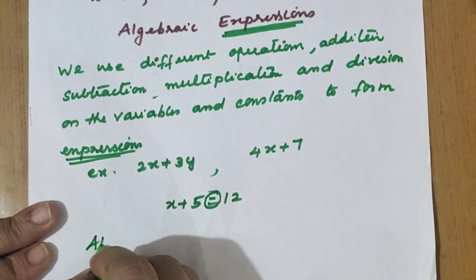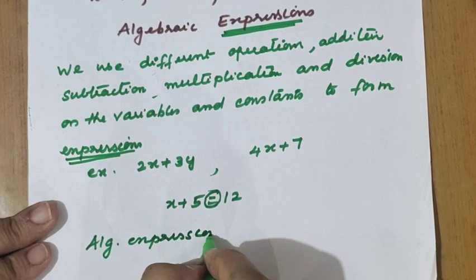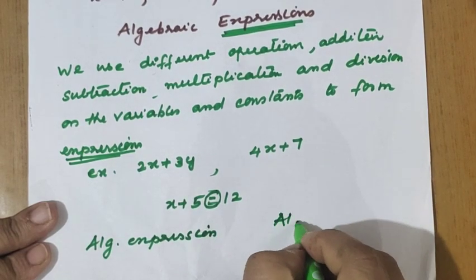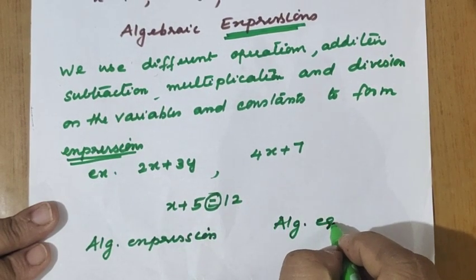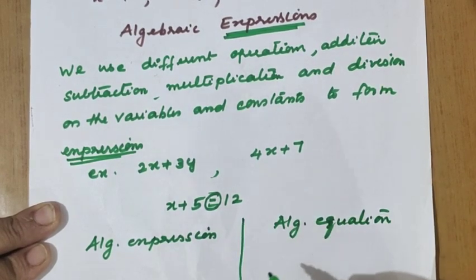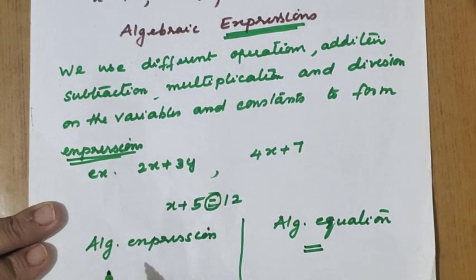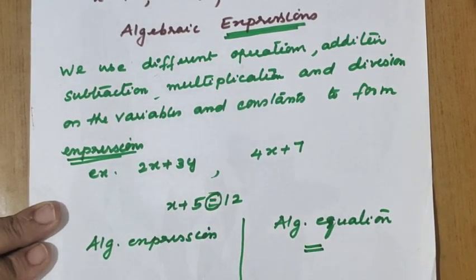We are studying algebraic expressions now, right? First you studied algebraic equations. Both are the same, but in an equation we get an additional equality sign. Here we are not making it equal to something, so that is called an algebraic expression, and where the equal sign is involved, we call it an equation.